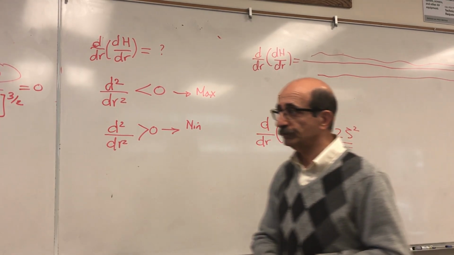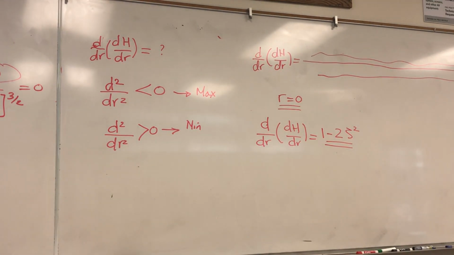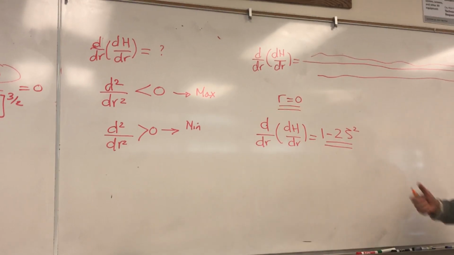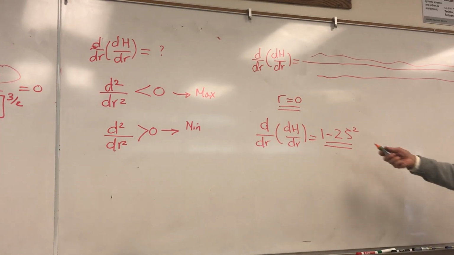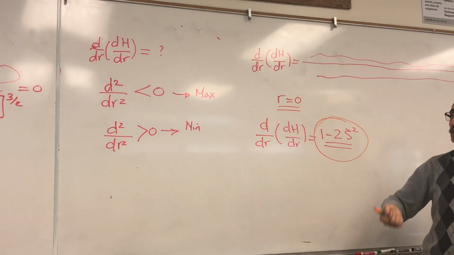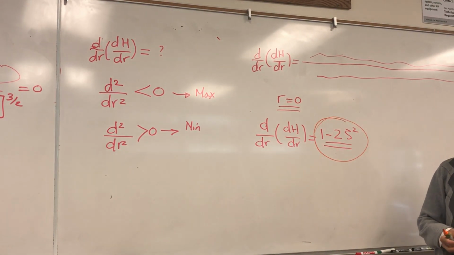Where is R equal to 0? It's right here, right? Look at this. When would this be negative? That means for which of those curves R equal to 0 is their maximum value.